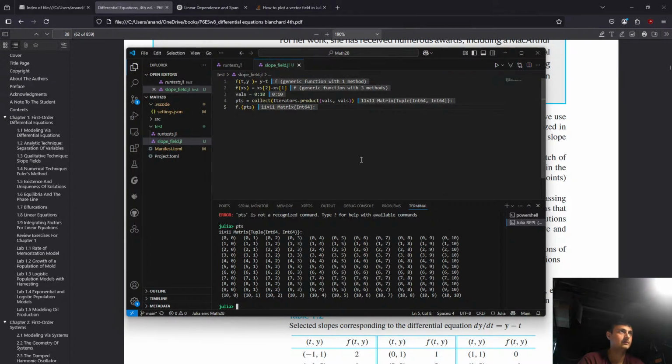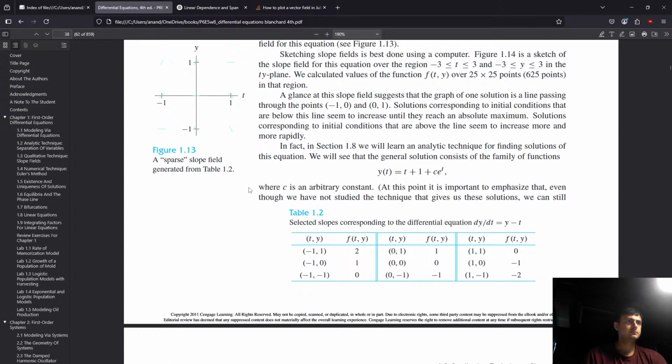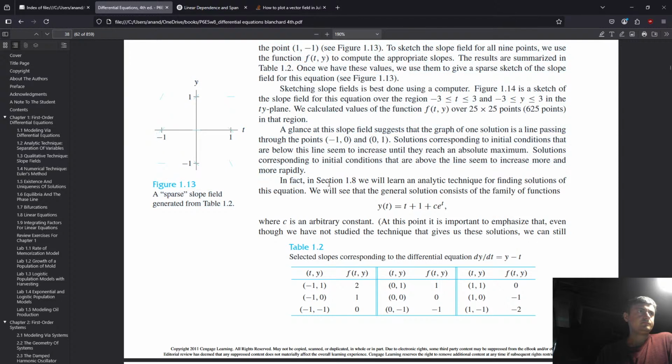Oh, wait. Is that right? I think that's actually right. Okay, so we're good. So there's actually going to be a... Wait, what? That's at 1, 1. That's 0. Okay, yeah, that checks out. All right. Okay.